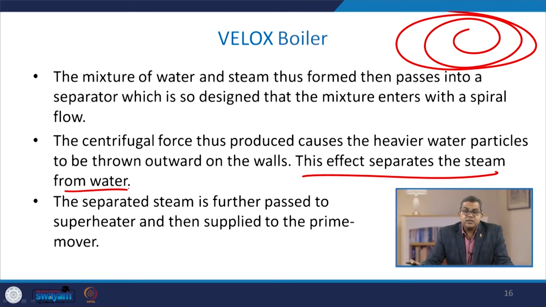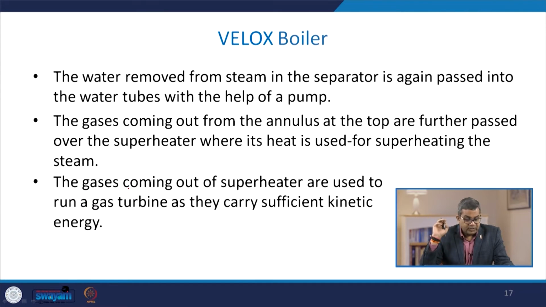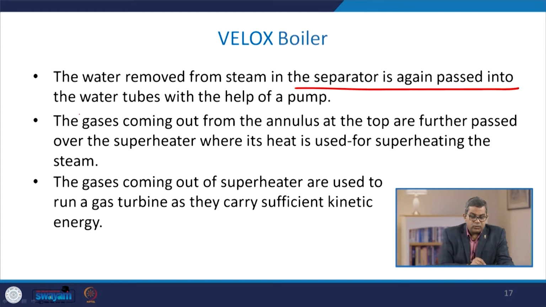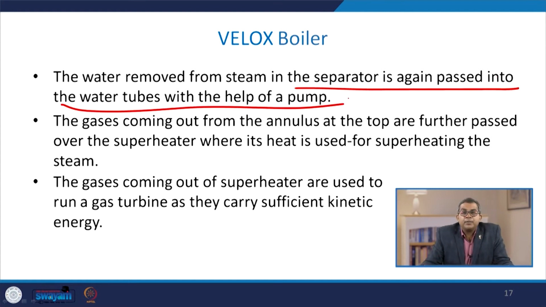Now the separated steam is further passed through the superheater and then supplied to the prime mover. So you may get the superheated steam from this particular juncture. The water removed from the steam in the separator is again passed into the water tubes with the help of a pump. The reason is that you cannot just let the water go, because, as I told you in the previous lectures, every drop of water costs.